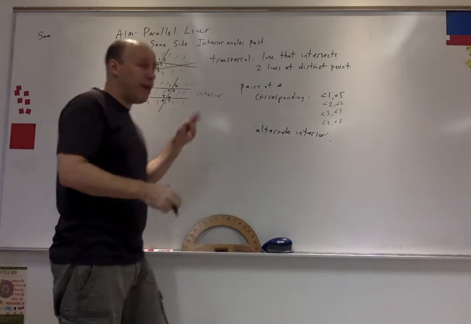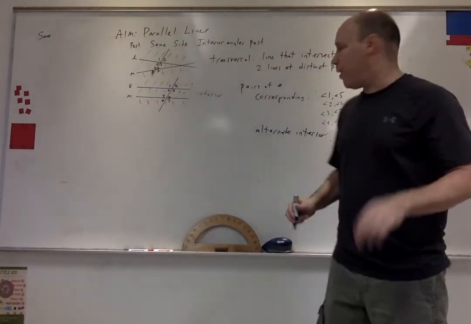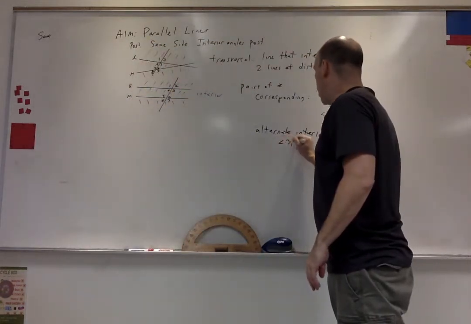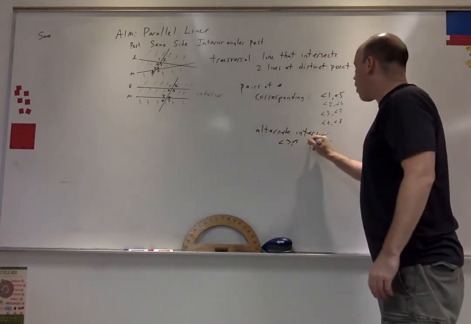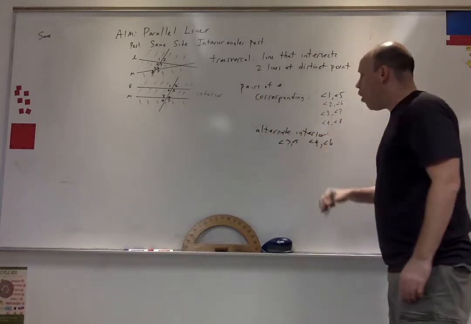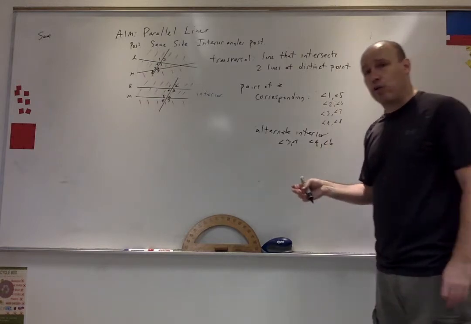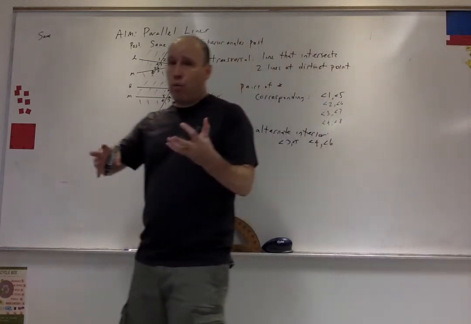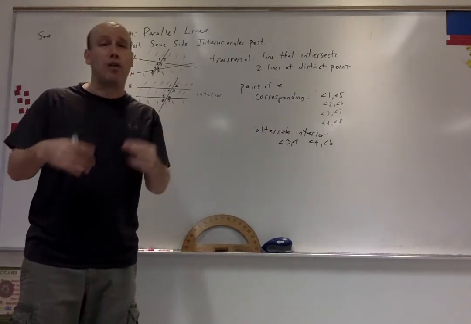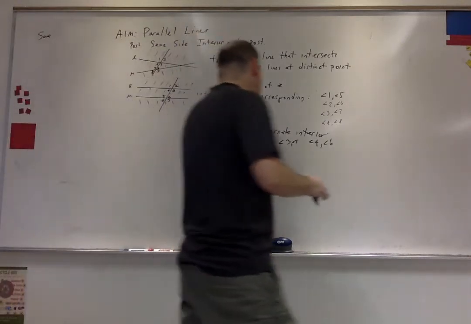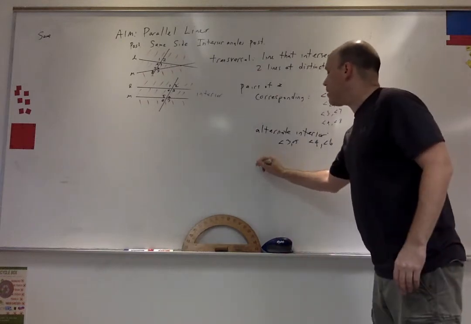So angle 3 and 5 are alternate interior angles. And we can see that angle 4 and angle 6 are alternate interior angles. Once again, their relationship will tell us whether the lines are parallel or not. We'll get to that.